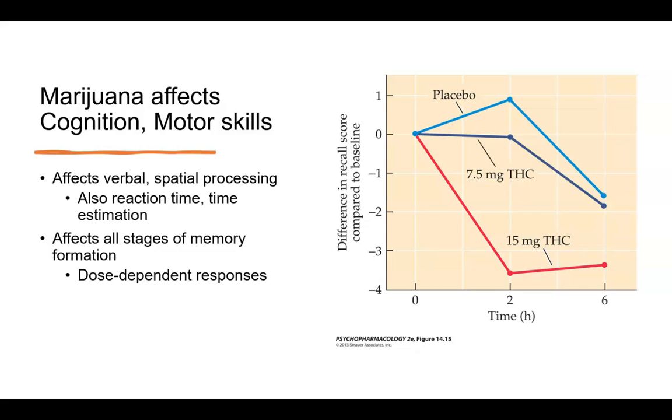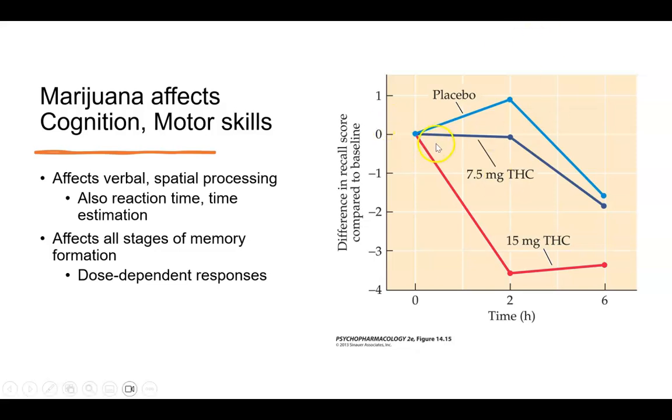They had to recall a passage of prose, and they were tested on it 45 minutes later. Testing occurred 1 hour before the drug or placebo administration, and then again 2 hours after they got the placebo or THC, and again at 6 hours.